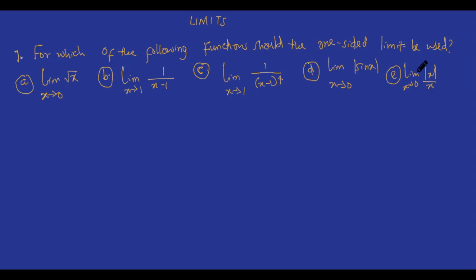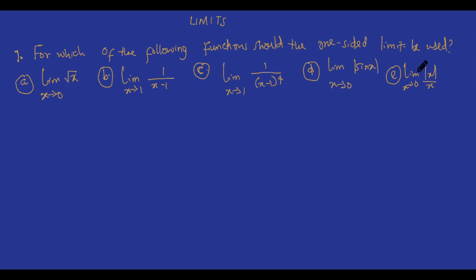Then it's logical to use the one-sided limit, that is the limit as x approaches 5 from the left, since from the right the function is not defined at that point. So let's take a look at each of these questions.